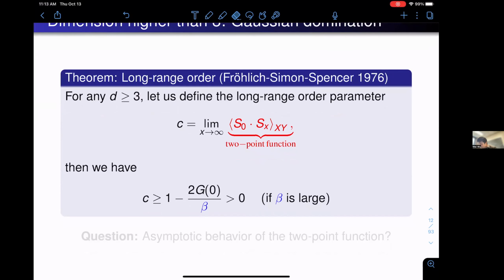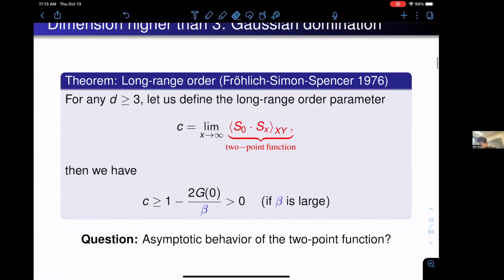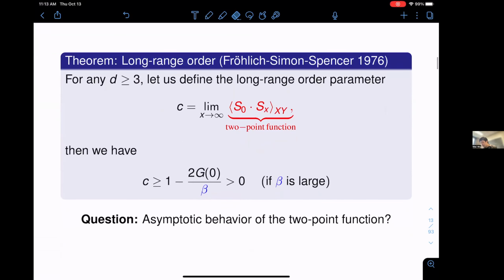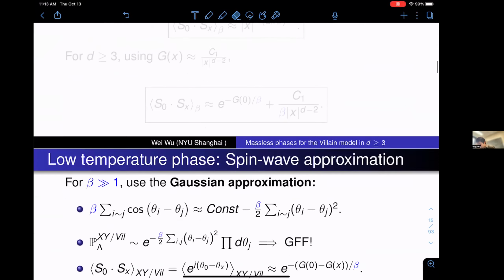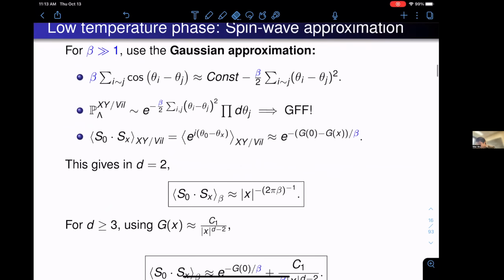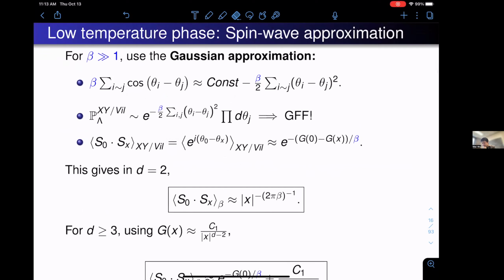Now it would be very nice to have a better understanding of how the two-point function behaves. It actually goes back to much earlier work of, for example, Dyson and Mermin and Wagner, who, well, you can do some kind of heuristic Gaussian approximation at low temperature, right?